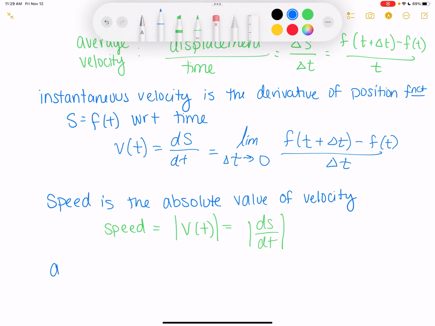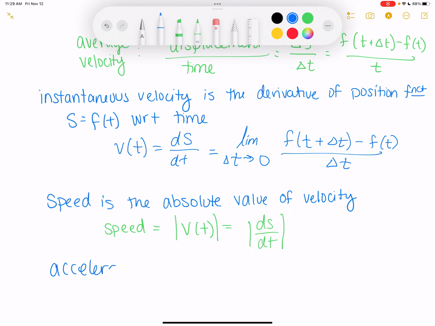All right, and then acceleration is the derivative of velocity with respect to time.